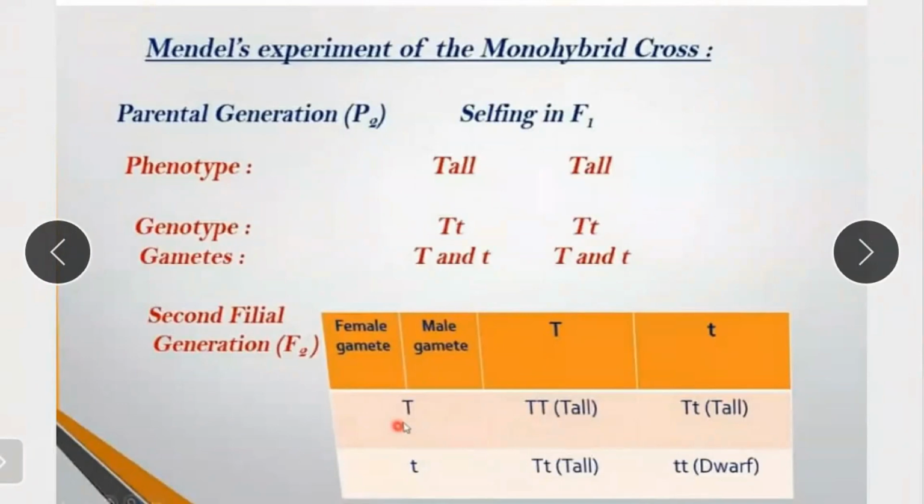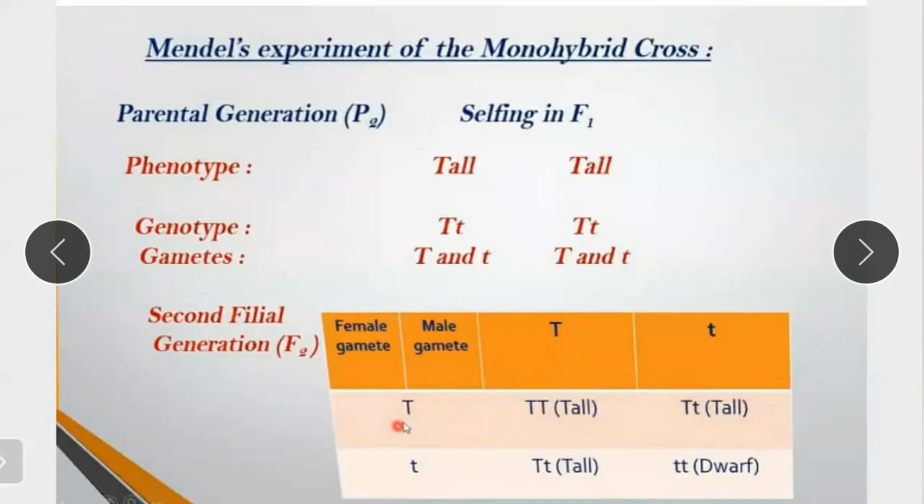So what we have seen in the second filial generation F2 is that only one perfect tall plant is there, and two tall plants are there that are not pure, and only one dwarf plant is visible in this progeny. Means one homozygous dominant, two heterozygous dominant and one homozygous recessive.